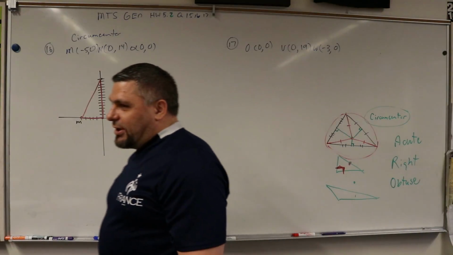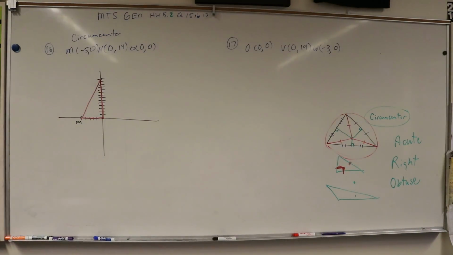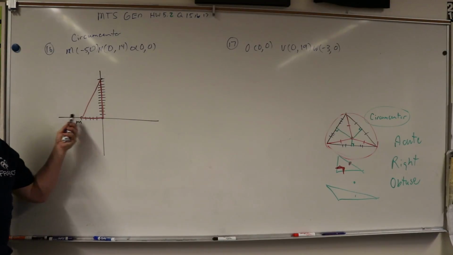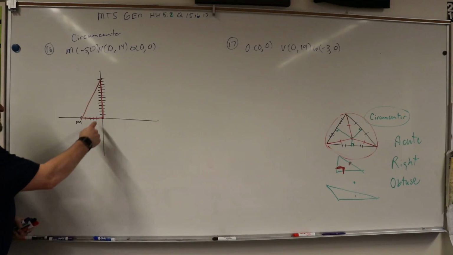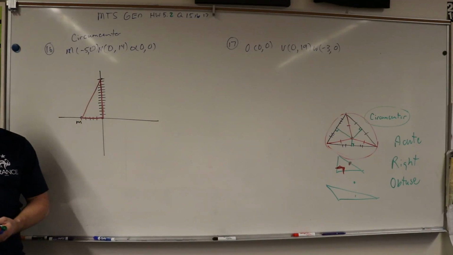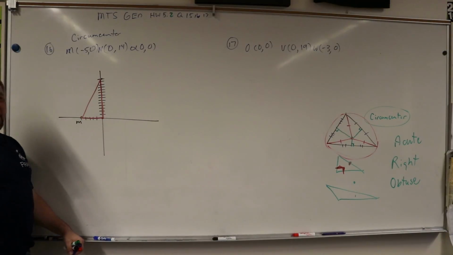We ain't leaving. Alright, how do we find the circumcenter? What's the key? Perpendicular bisector. So that means I have to bisect this side. How far is it? 5.